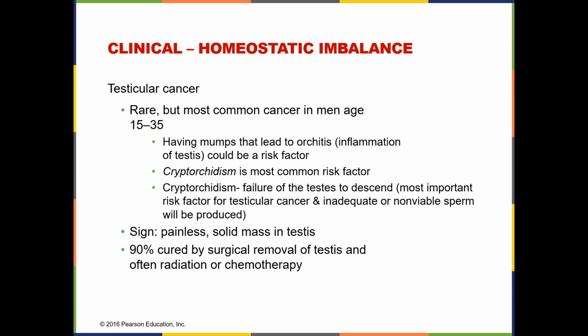And so the condition is orchitis. If a patient had orchitis early in life, then they're at a higher risk factor for testicular cancer. The most common risk factor is cryptorchidism, where the testes didn't descend properly.